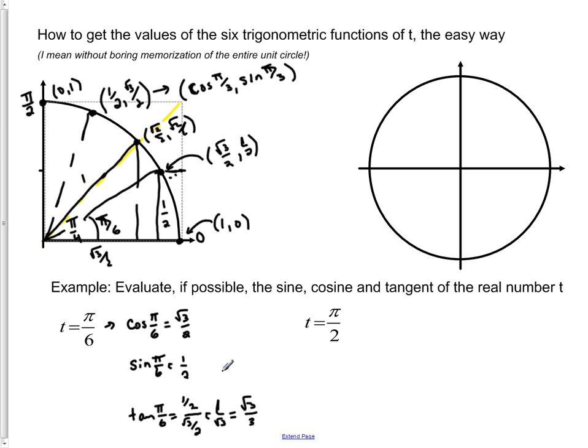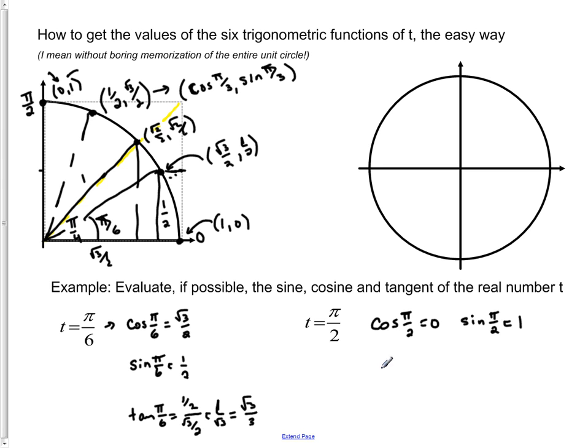And if that's the case, then if I'm asked to find what is the cosine of pi over 2, well, then I look for my x-coordinate here at pi over 2, and whoop, there it is. That's 0. And if I look for my y-coordinate, that's my sine of pi over 2. That's equal to 1.